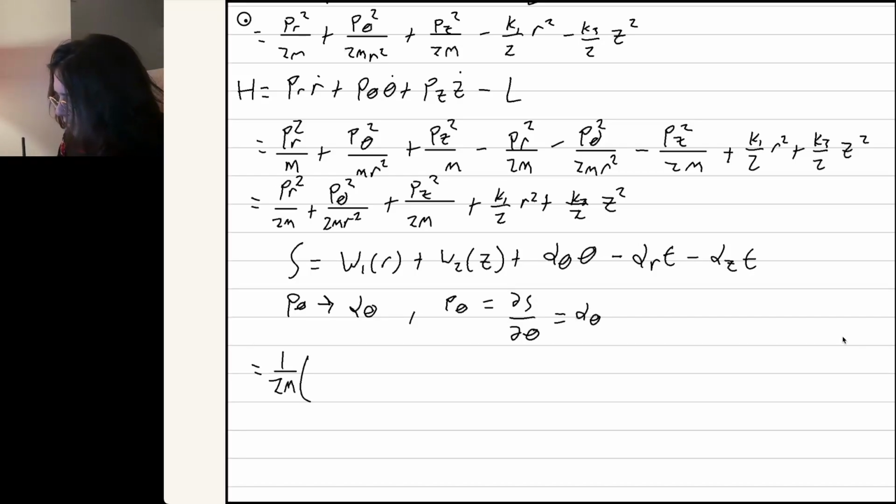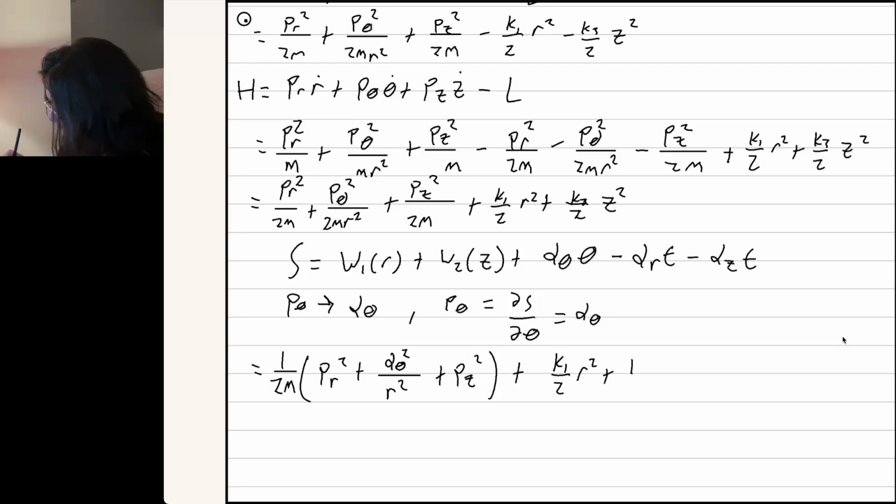I'm going to bring out a 1 over 2m: pr squared plus p theta squared, which is now alpha theta squared over r squared, plus pz squared, plus k1 over 2r squared plus k3 over 2z squared.